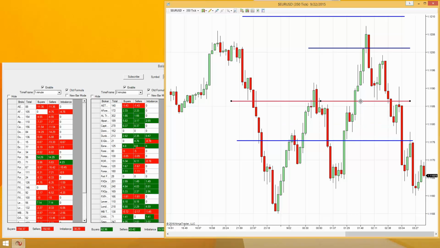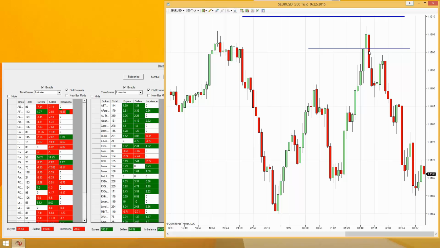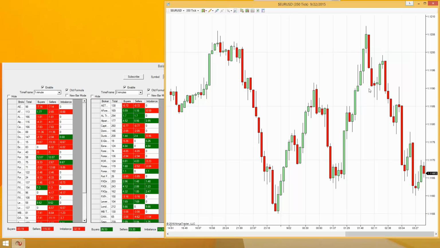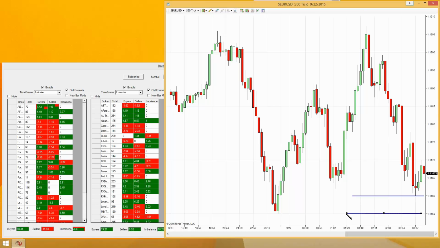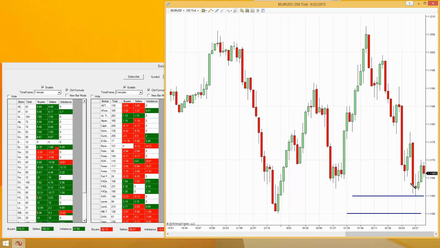So we can think about it this way. Let's say we buy right here. We set our target at this price. Then the first target is 10 pips.